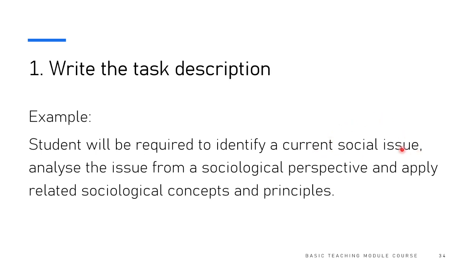A social issue here is part of CLO2 and CLO3. Analyze the issue from a sociological perspective. This is CLO3. And apply related sociological concepts and principles. This is CLO2. I combined it because this particular assignment is supposed to measure CLO2 and CLO3.